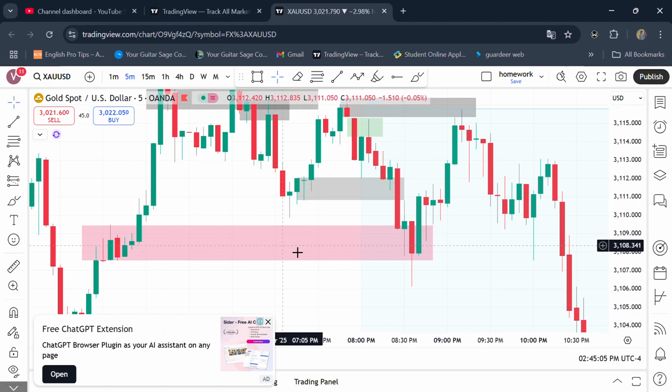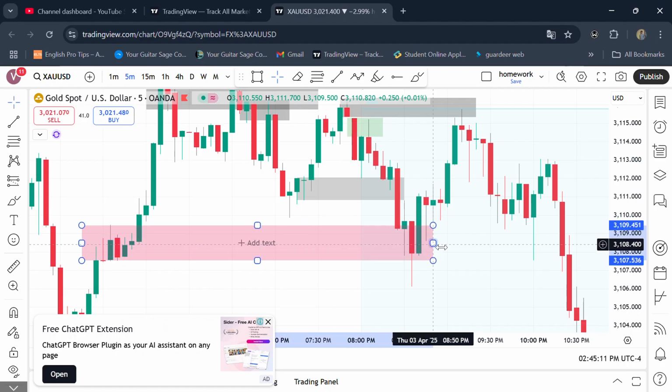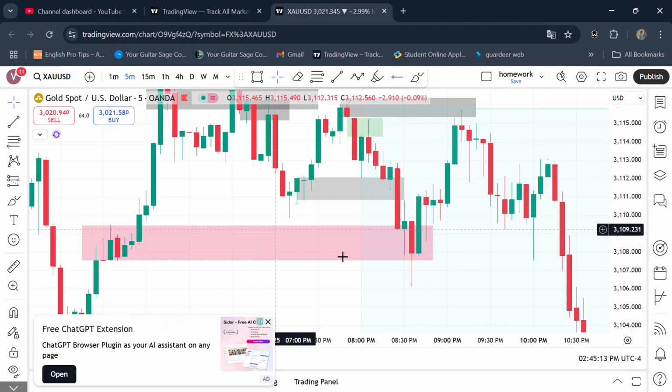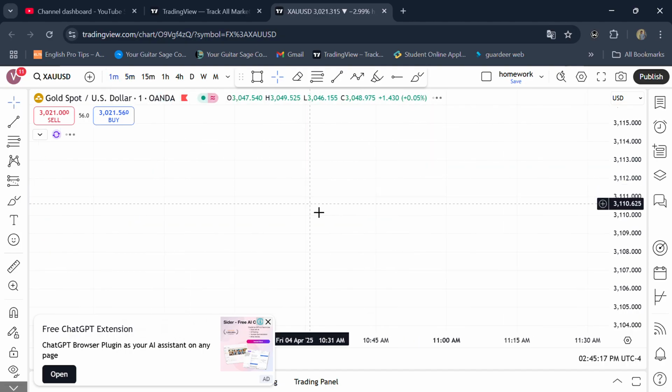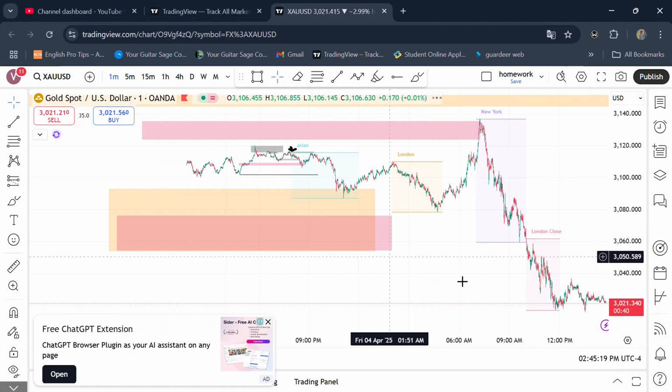Okay, that means it wants to go down into this 15-minute order block. Then at the 15-minute order block, let's go on 1-minute time frame.